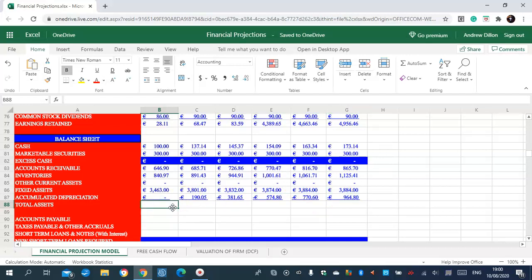Okay, now let's go and calculate the total assets.